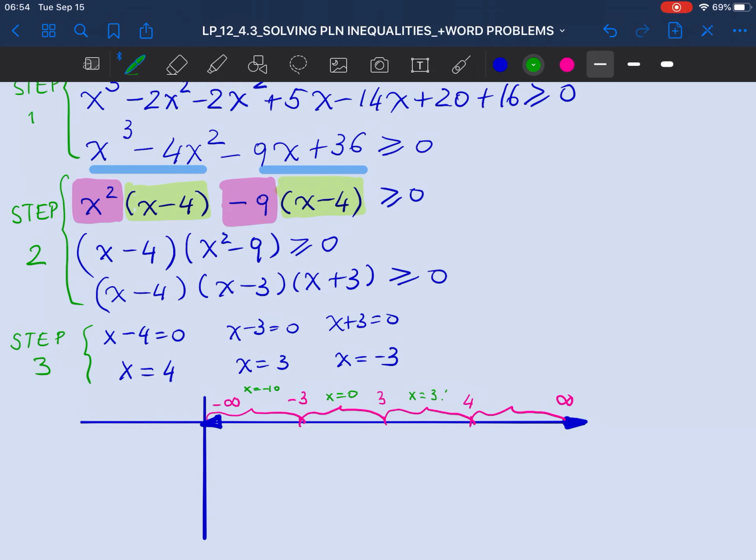X equals 3.5. We don't have a lot of choices here. And x equals positive 10. So the testing values are random numbers that are chosen in each respective interval. Now, down in the first column, we are going to list the factors, which are x minus 4, x minus 3, and then x plus 3.